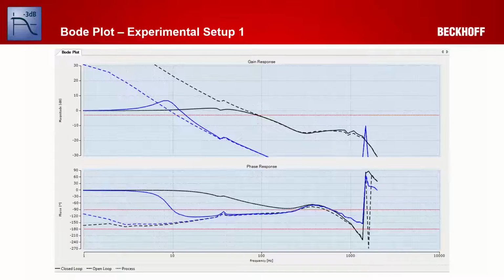You see in the closed loop a peaking at 8-9 Hertz. There's peaking of 6 dB approximately. So the system is overshooting. On the right side, you see the resonance frequency. And after tuning, we're getting the black curve, higher bandwidth, which is a quality criterium, and no resonances anymore.